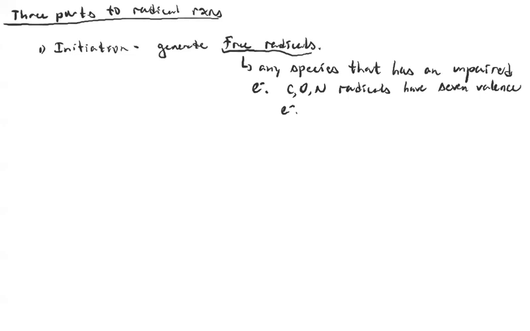The second act in the show is going to be what we call propagation. And this is where your starting material, SM, converts to product. And then the final act is what we call termination.